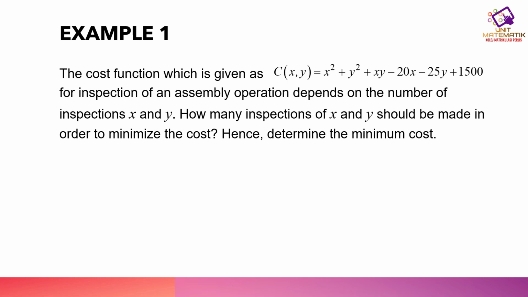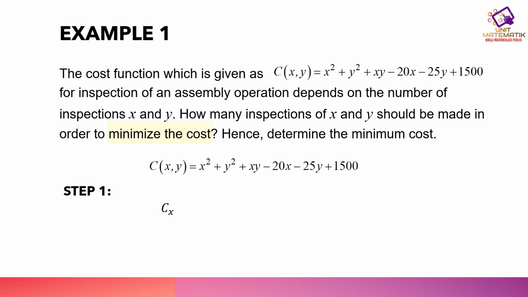Hence, determine the minimum cost. So for the first one, we want to minimize the cost. To minimize the cost, the first step is to differentiate the cost function with respect to x and with respect to y.